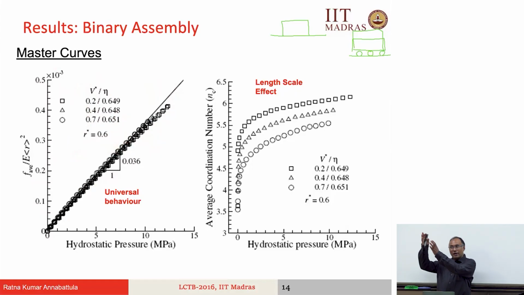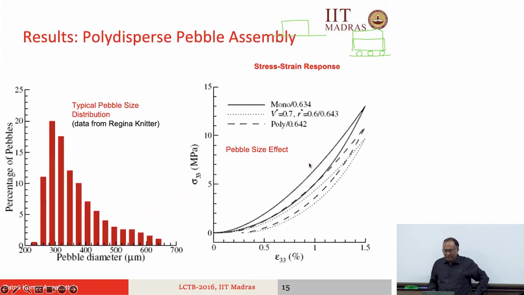So you have done a granular simulation, but then you got some macroscopic feature which is independent of the individual particle sizes. And again we call it the length scale effect, wherein you are talking about average coordination number for these 3 of them as a function of hydrostatic pressure, that changes. Although this is the same, this one is changing based on the value of V star. Okay?